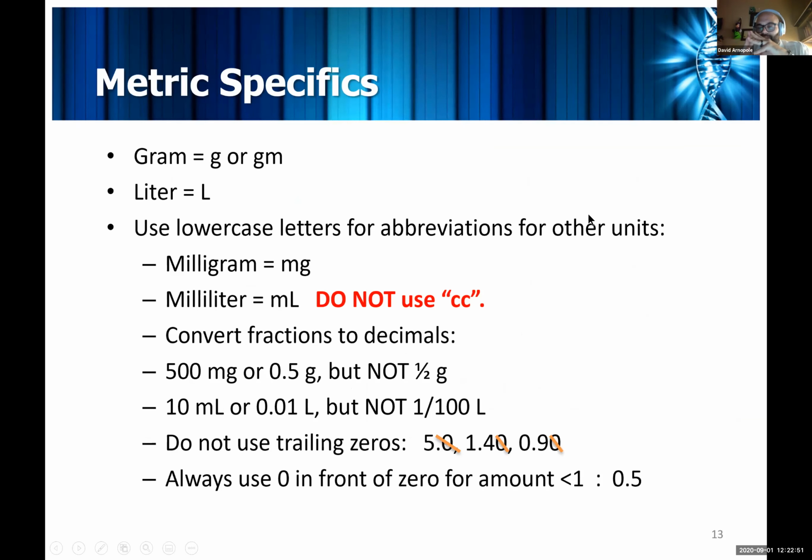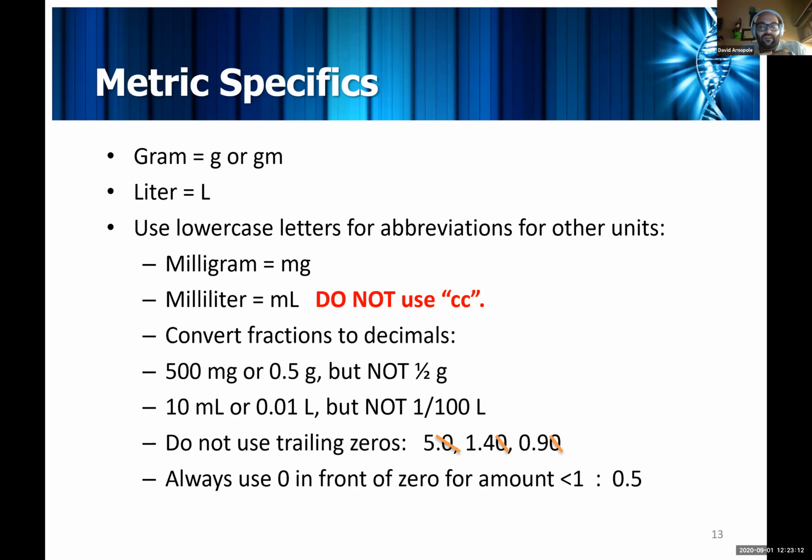Okay, specifics. Gram is G or GM, okay? Not GRM, none of that. It's one of the two. It could be either one, Christy. Those are both accepted shorthand. Liter should be capital L, accepted shorthand.